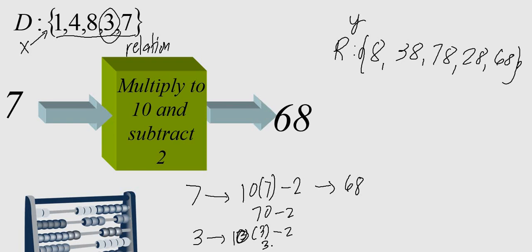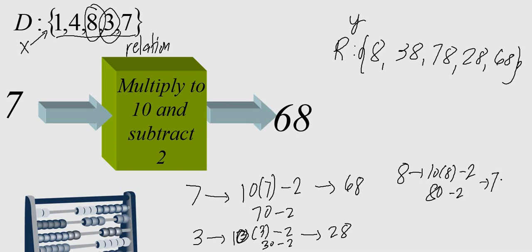That's why we will have 30 minus 2, and this will become 28. And it happened also in the other numbers. 8 would become 10 times 8 minus 2, and this is 80 minus 2, which would become 78.